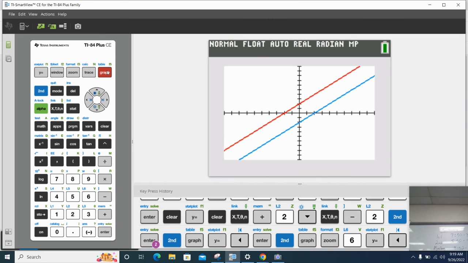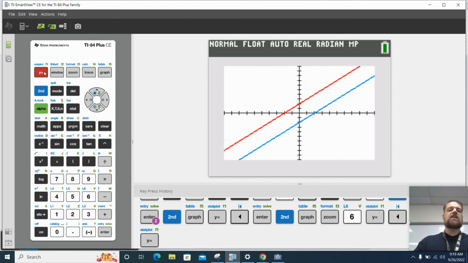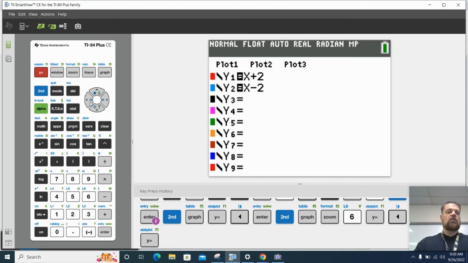So now the one last little thing I've got to tell you about inverse functions is they reflect across the diagonal. Let me talk for a second and then I'll tell you what to sketch. So they reflect across the diagonal. So go to y equals, go down to y sub 3 and just put an x there.